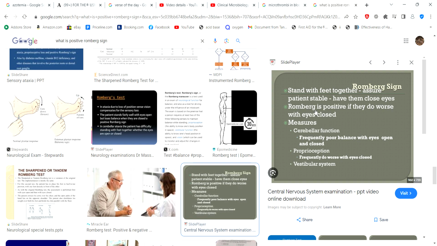Romberg is positive if they do worse with eyes closed. So basically, if their eyes are closed and then they fall over, you have a positive Romberg sign.